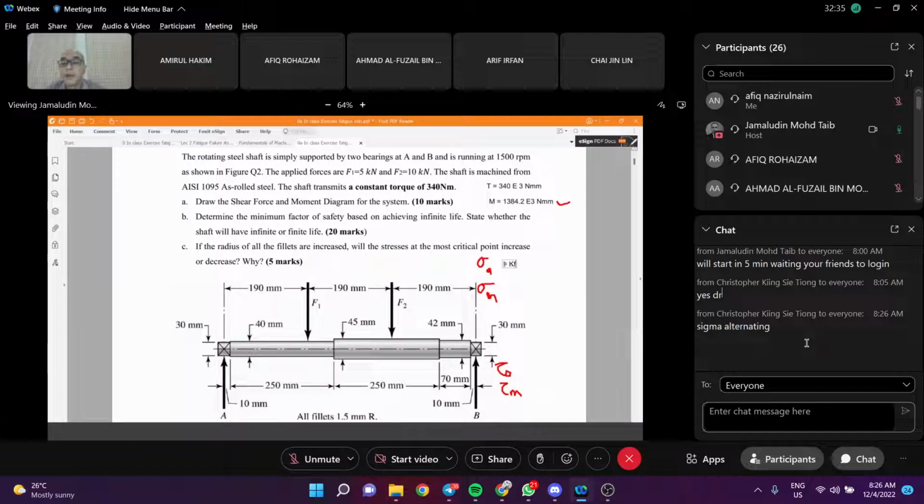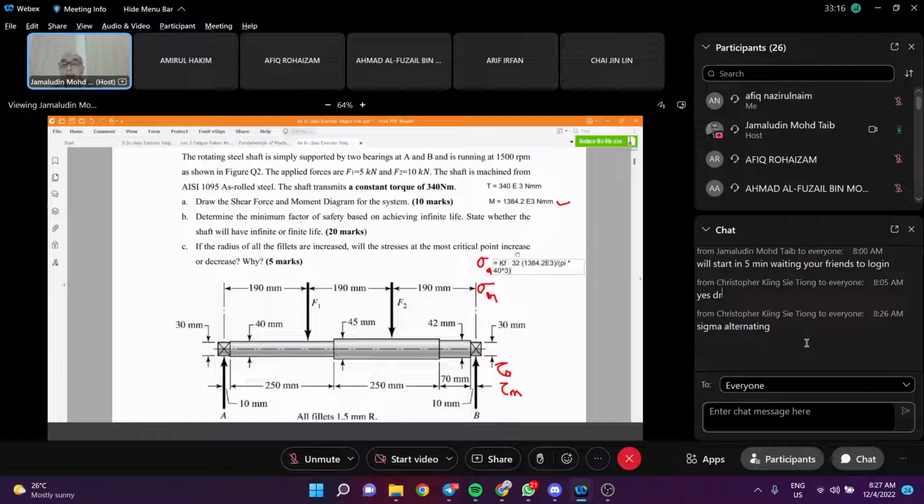Is it right? 32 times the moment, 1384.2 exponent 3, divided by, I'll move a bit because otherwise I cannot write, divided by pi times the diameter, 40 to the power of 3.